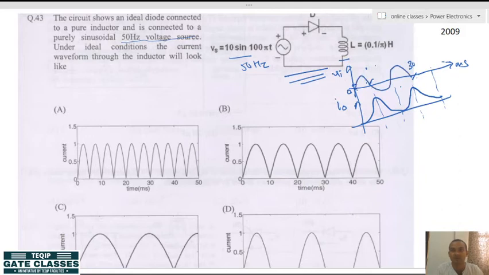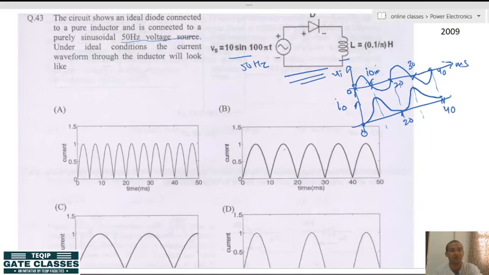So this is 10 millisecond, this is 20, this is 30, this is 40. See the cycle of the inductor current: it is 0, 20, 40, which means the inductor current frequency becomes half.